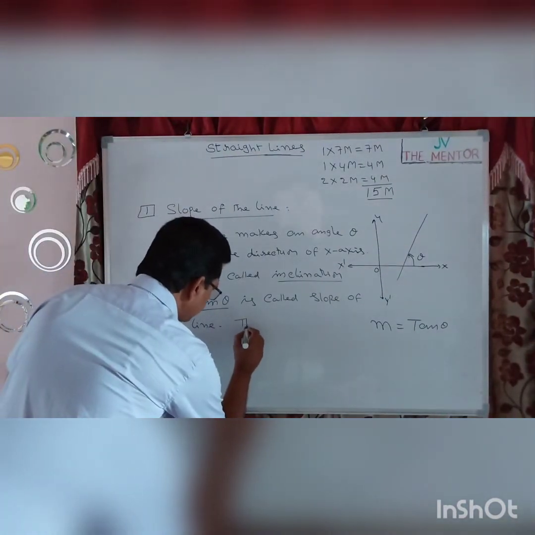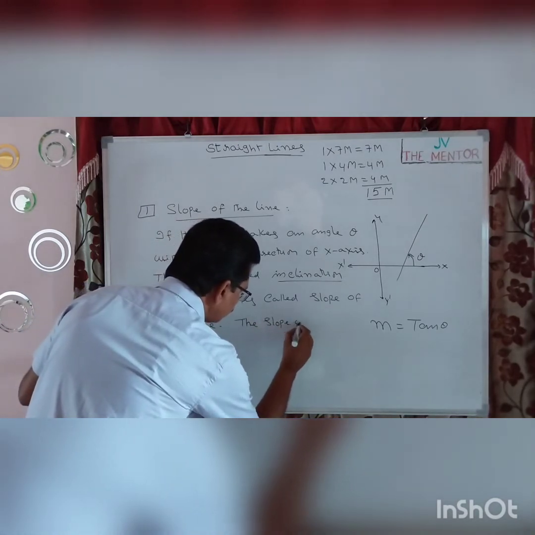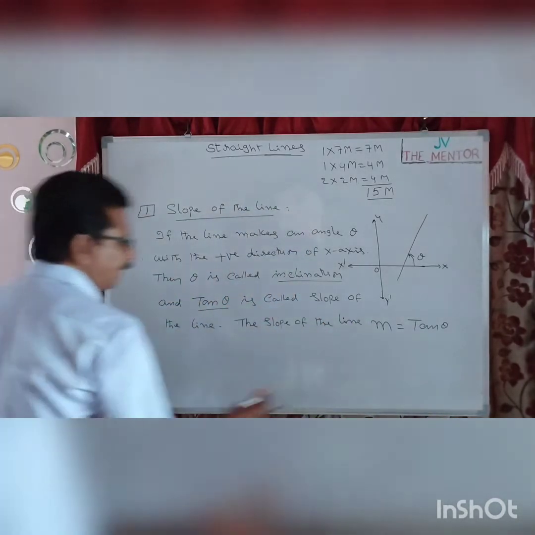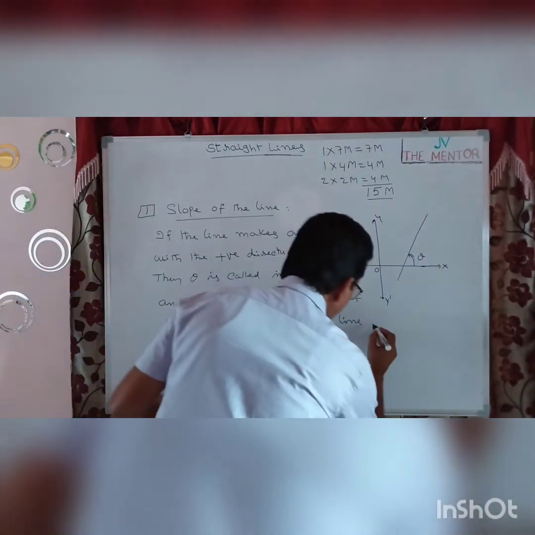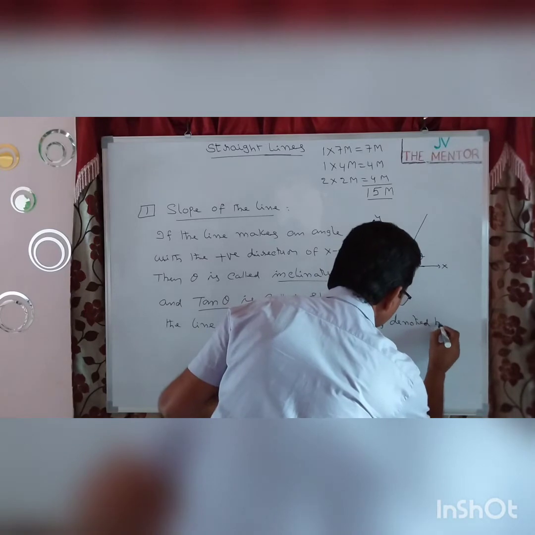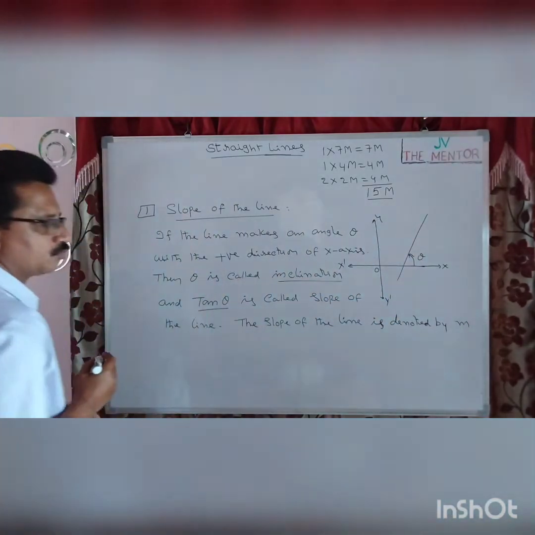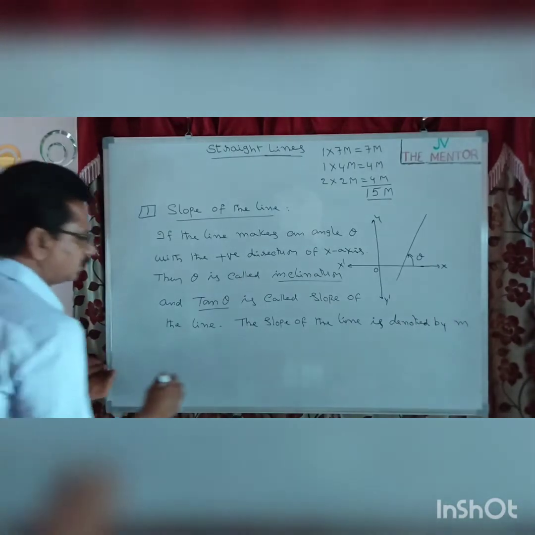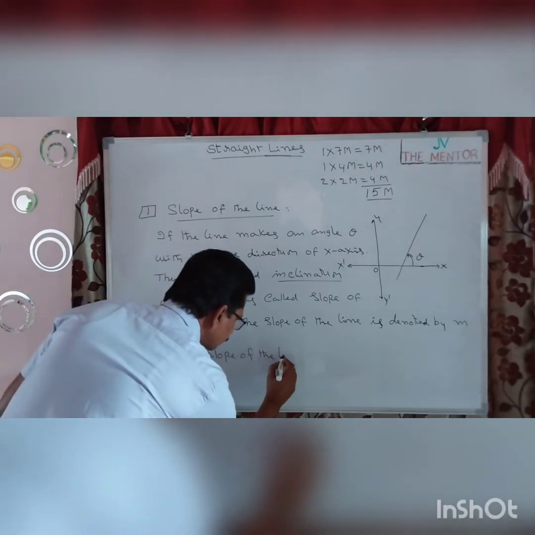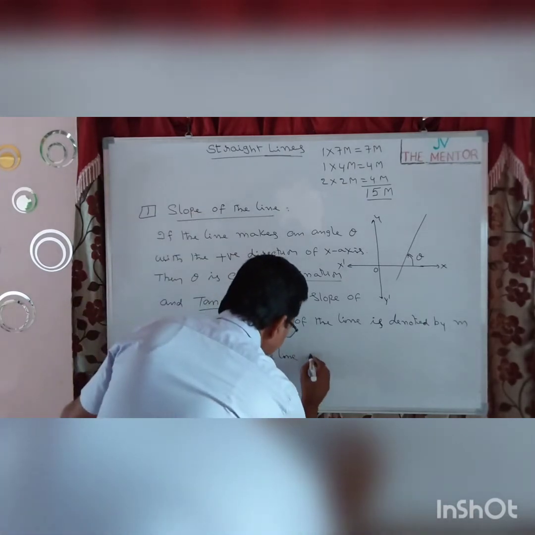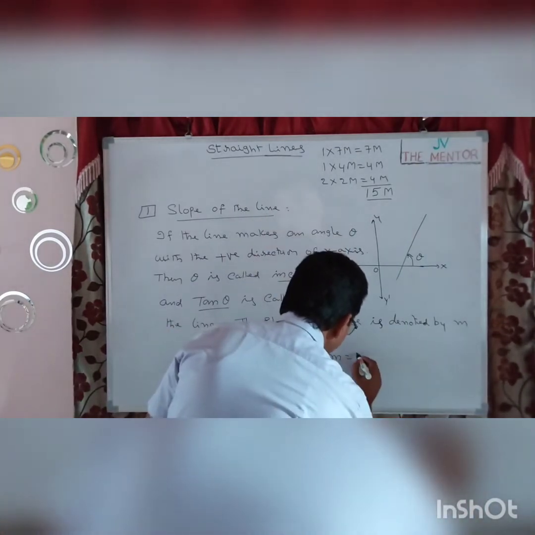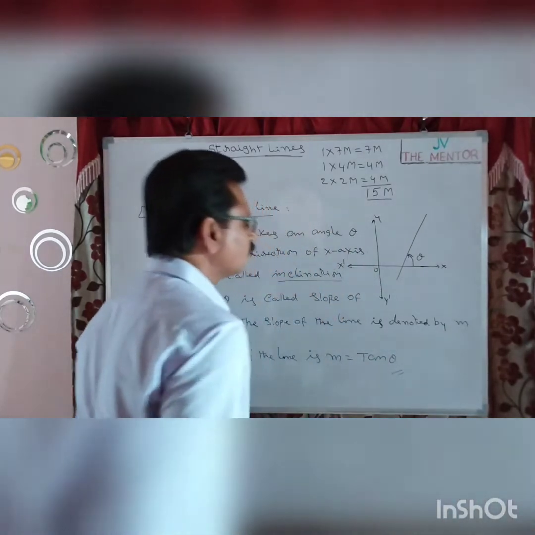So the slope of the line m equal to tan theta. Write down.